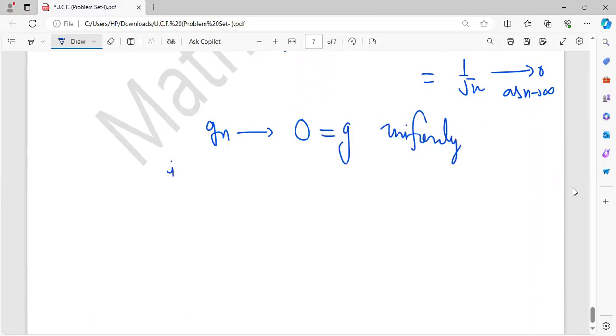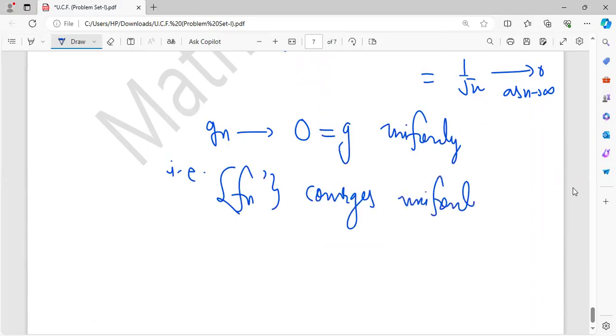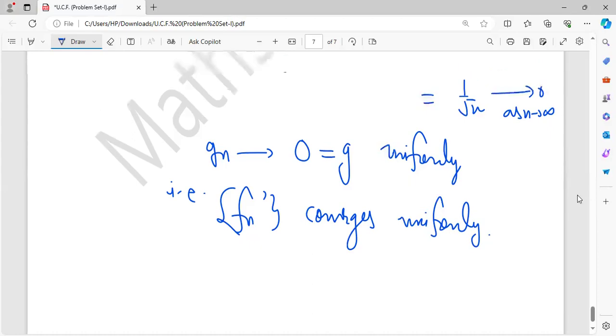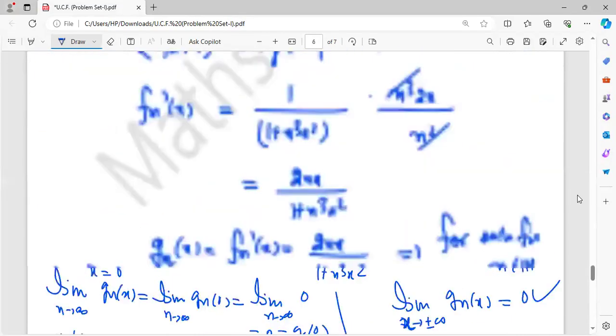It means the derivative function converges uniformly. We know a result: if fn converges pointwise at least at one point on a closed interval [a, b], here the closed interval is [0, 1], and the derivative function converges uniformly, then fn also converges uniformly. So fn and fn dash both converge uniformly by conclusion.